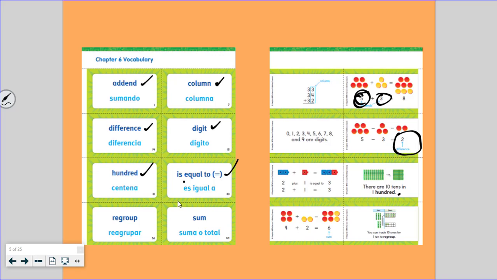So equals to means equal. Then we've got regroup. We just talked a lot about regrouping. So this is just showing you can trade 10 ones for 1 ten to regroup is what it's showing in the example. And then our last one is sum, and so it's showing the addition problem. 4 plus 2 equals 6, and then this number here, 6, is your sum.